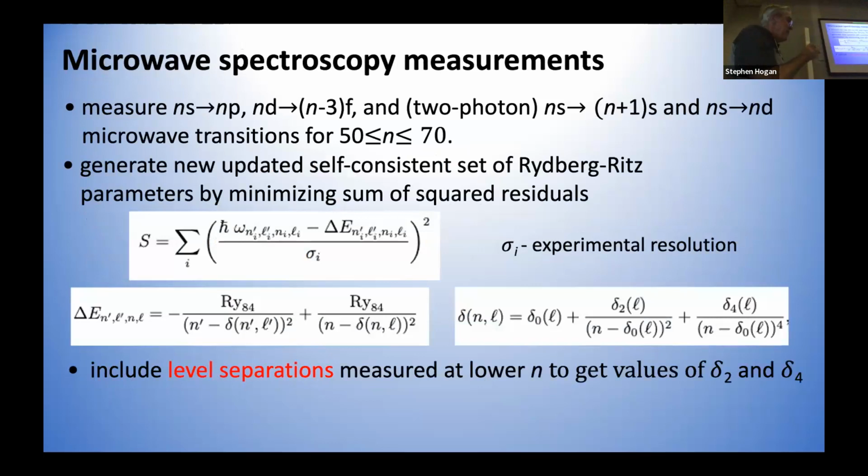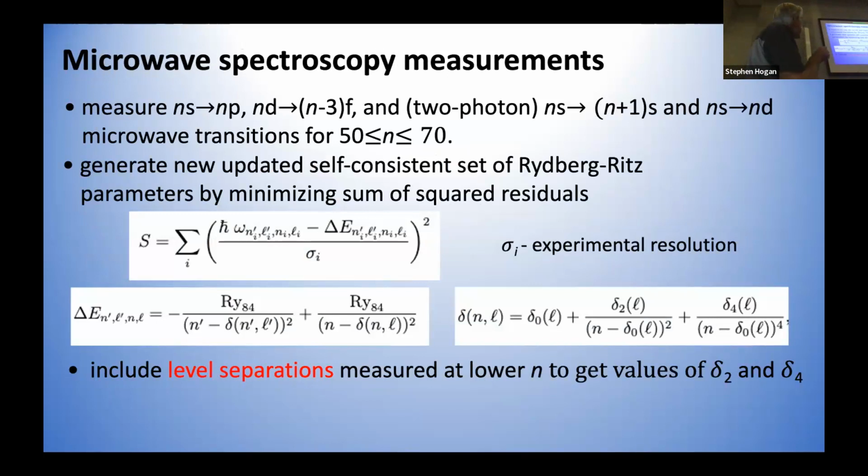However, now if you do it by microwave spectroscopy, again, we've measured all these transition frequencies. And then we use those to generate an updated self-consistent set of Rydberg parameters that are completely independent of the final ionization energy.